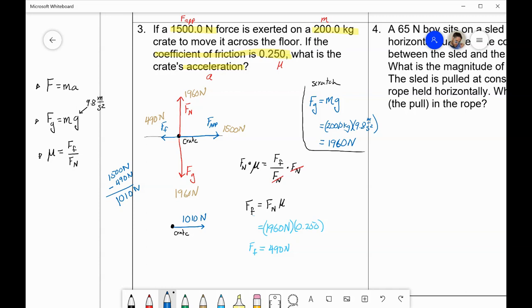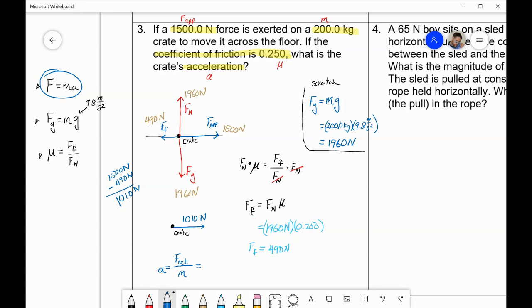And in fact, my last piece here is to say, well, I want my acceleration. And the definition of acceleration is the force that's being applied to something, that we call the net force, the total force, divided by the mass.